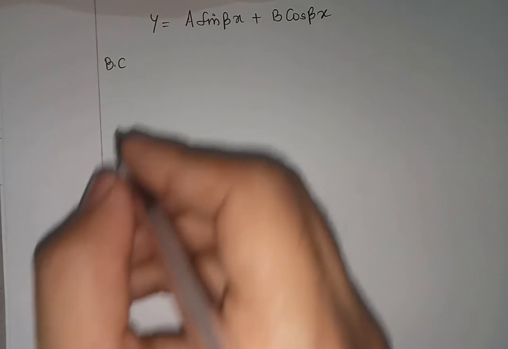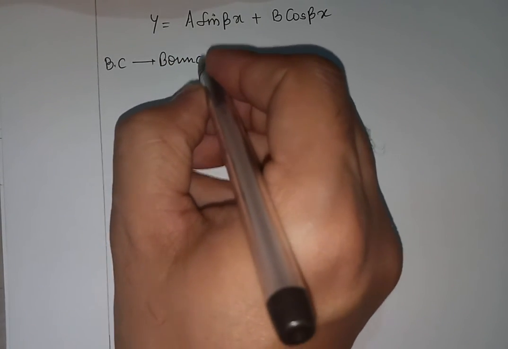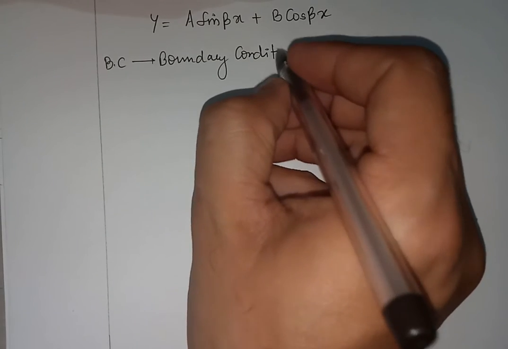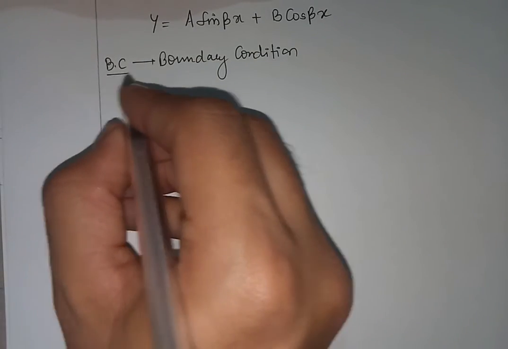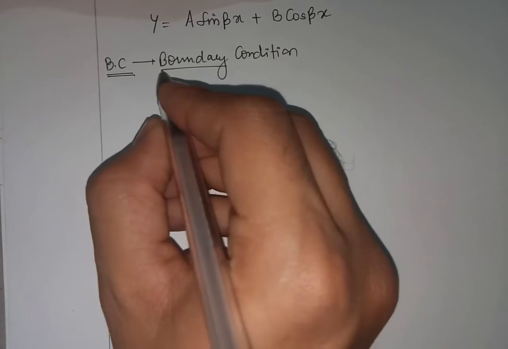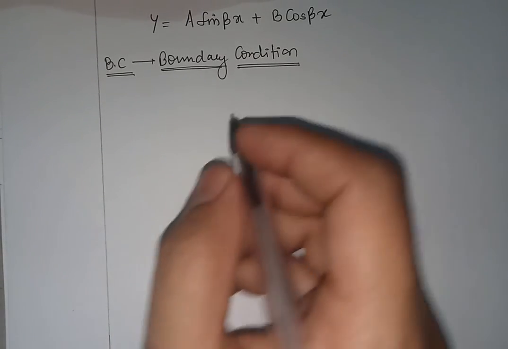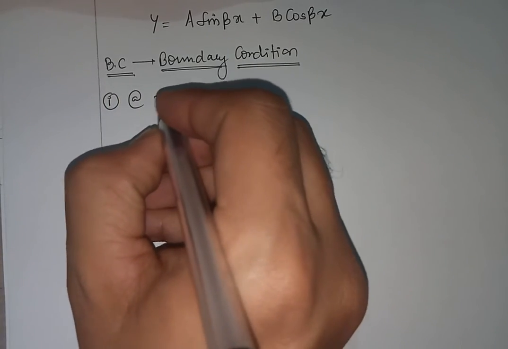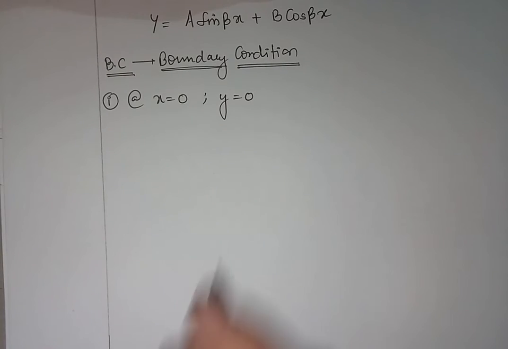BC stands for boundary condition, right? Some people also call it end conditions. Now, the first boundary condition is at x is equal to 0, y will also be equal to 0.